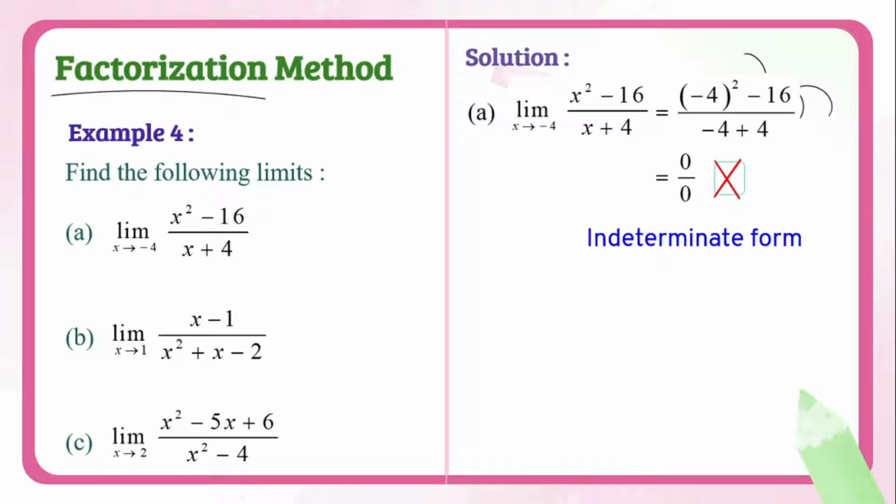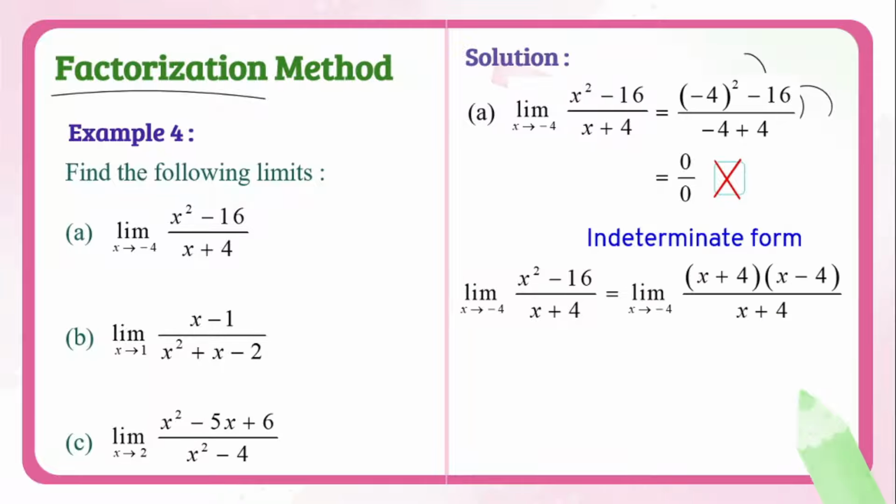Then, how do we find the value of a limit in indeterminate form? For this example, the quadratic expression in the numerator can be factorized. Notice that the numerator has x plus 4, which is the same factor as the denominator.